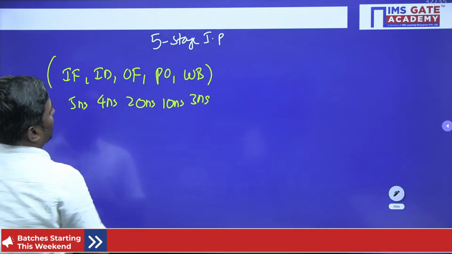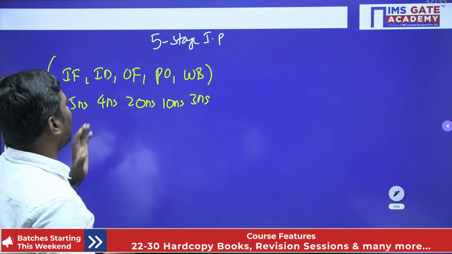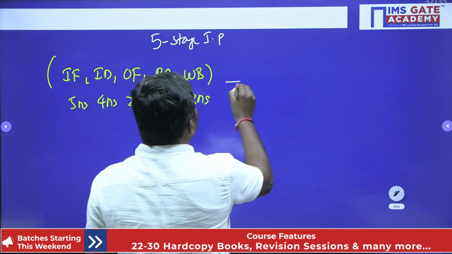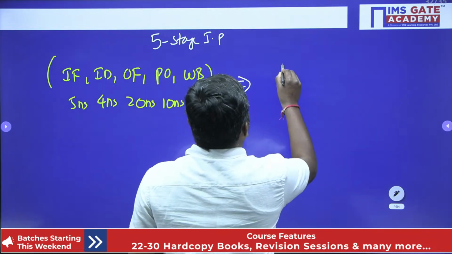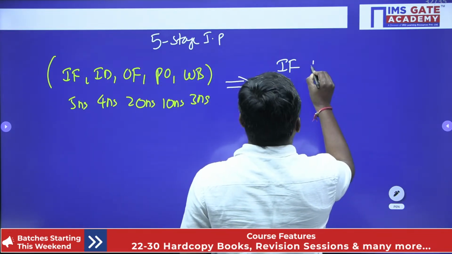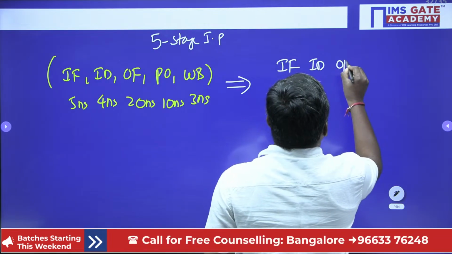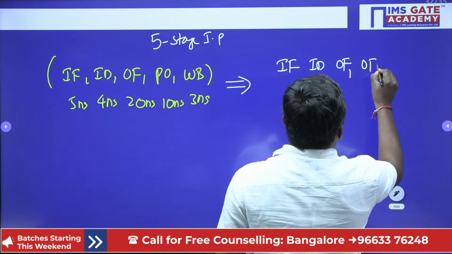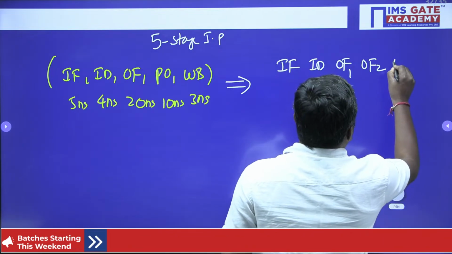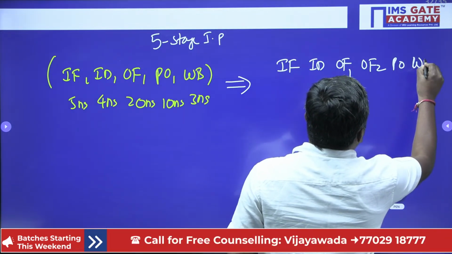Okay. Now this is a 5 stage instruction pipeline which we have. Now in this pipeline, what they did: instruction fetch as it is, instruction decode as it is, operand fetch made into two, operand fetch 1 and fetch 2. Then execute and write back will be there.